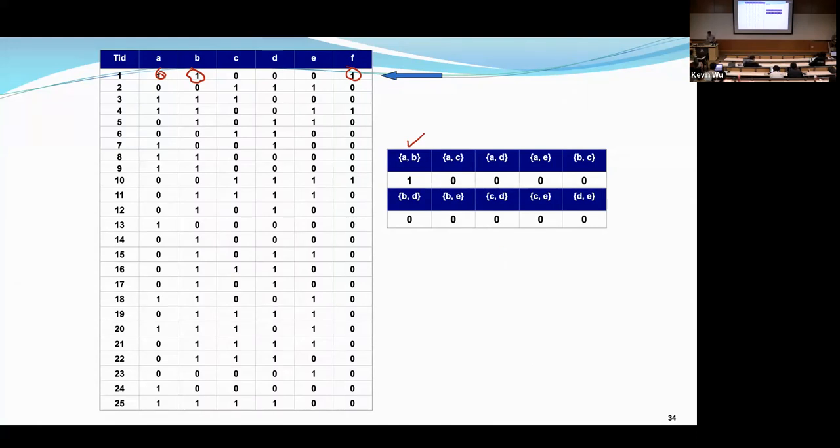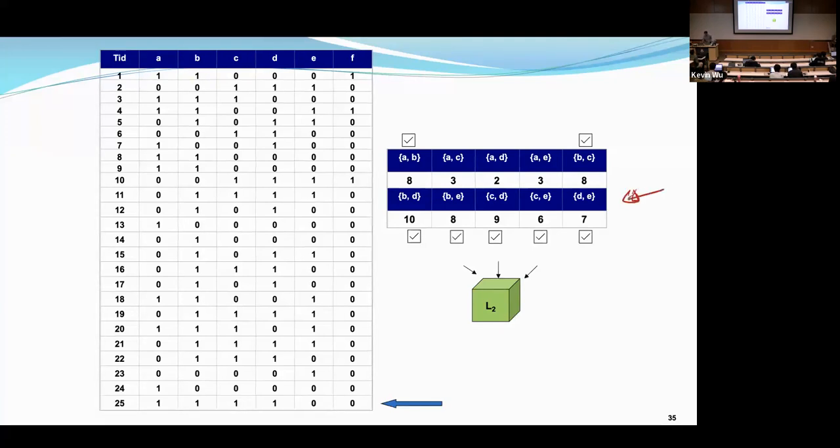If you process all of the transactions in the data set, you will collect all of these support counts. Again, the support threshold is 5. Therefore, we notice that AB, BC, BD, etc. are frequent, and also AC, AD, and AE are infrequent, not frequent.